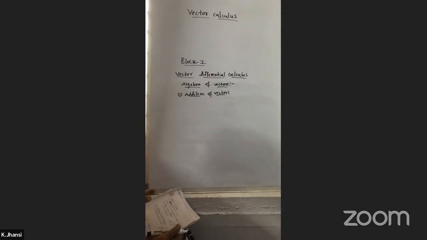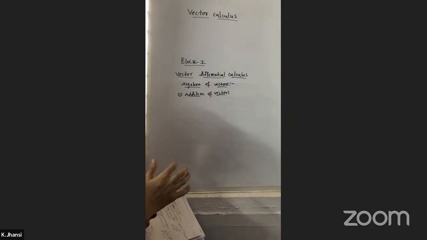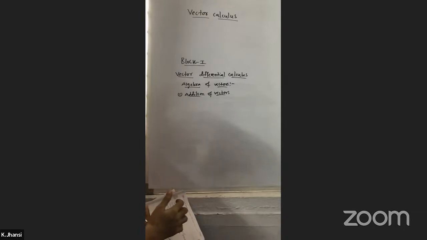The sum of vector A and vector B can be found by two laws. With the help of those two laws, we can find the sum of the two vectors. The first law is the triangle law of addition and the second law is the parallelogram law of addition.